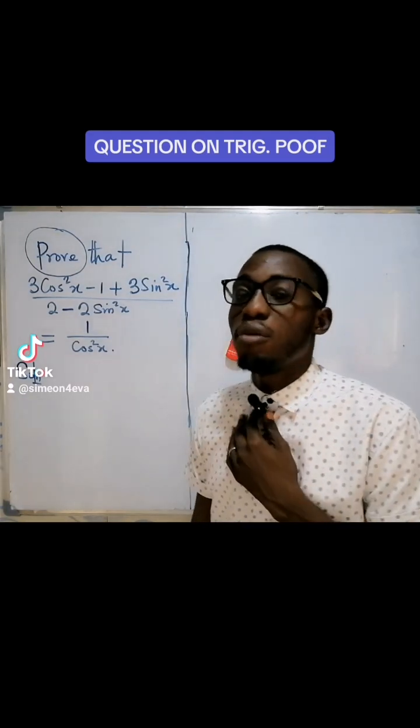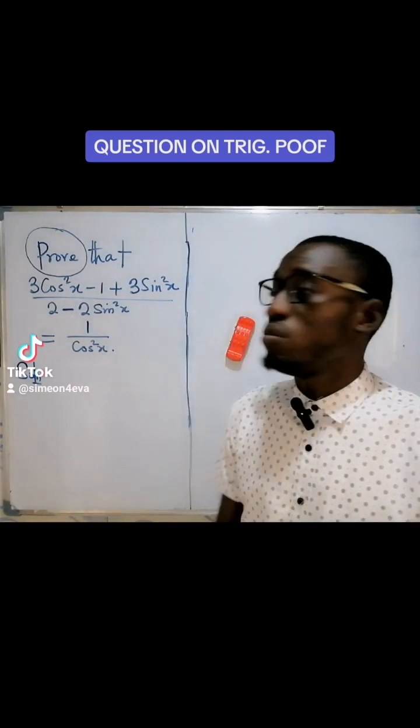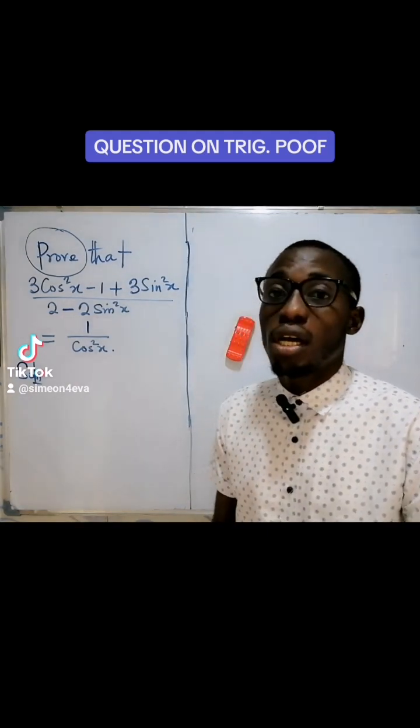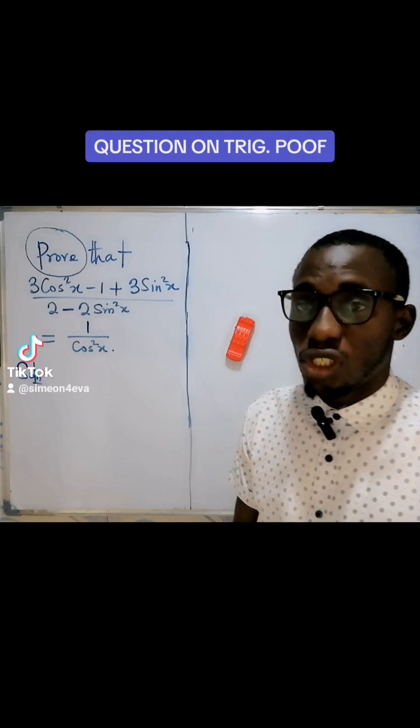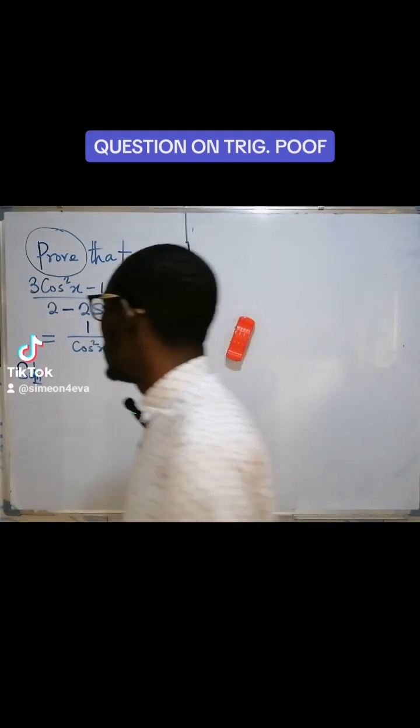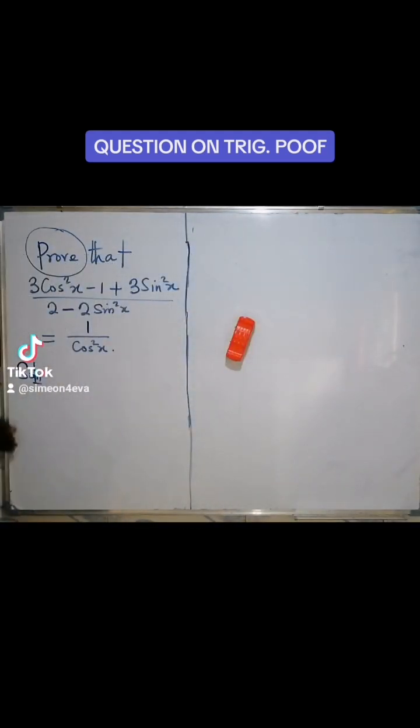Because this question is from trigonometry, you can watch our videos on our YouTube channel on trigonometry. So let's shoot now. The first thing you need to do is bring all the trigonometric functions to one side.